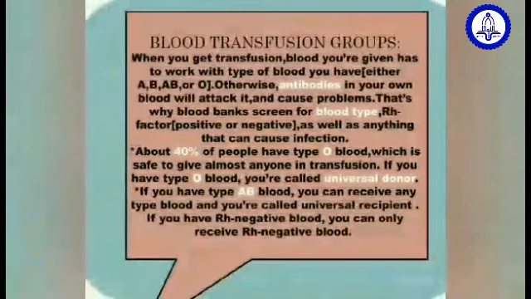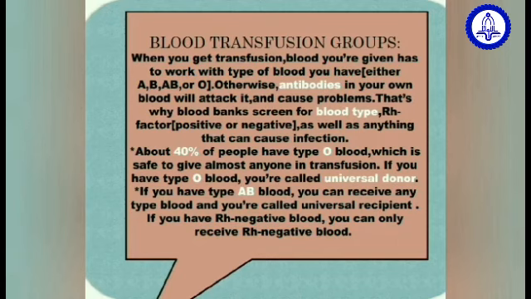Blood transfusion groups. When you get a transfusion, the blood you are given has to work with the type of blood you have, either AB or O. Otherwise, antibodies in your own blood will attack it and cause problems. That's why blood banks screen for blood type, Rh factor positive or negative, as well as anything that can cause infection.